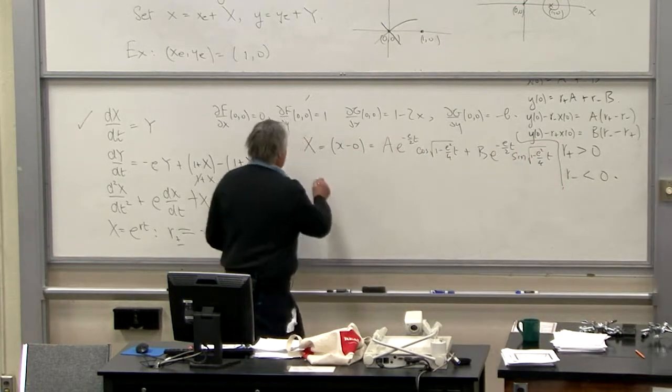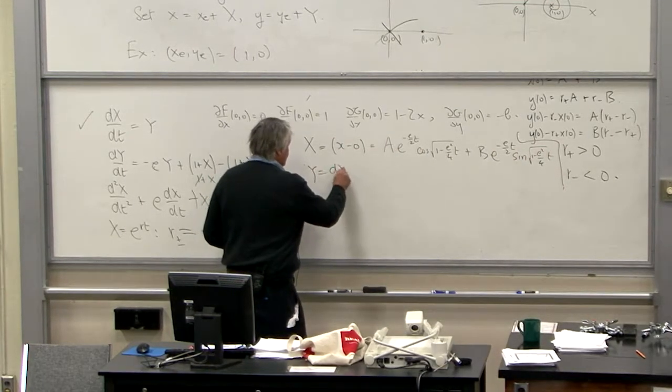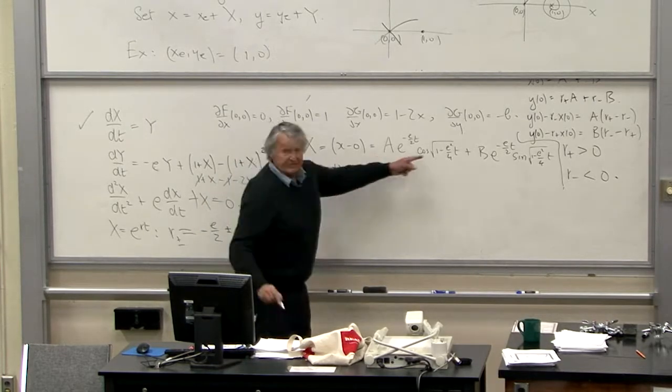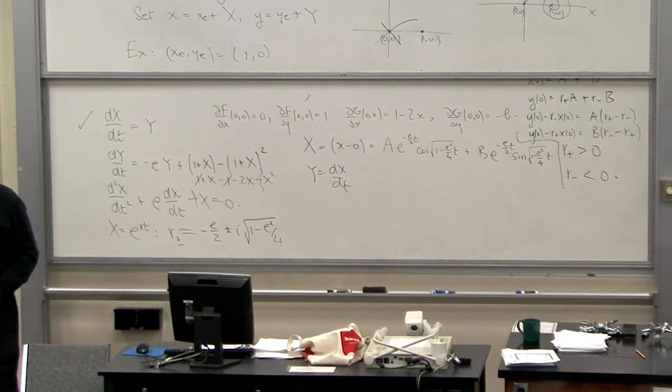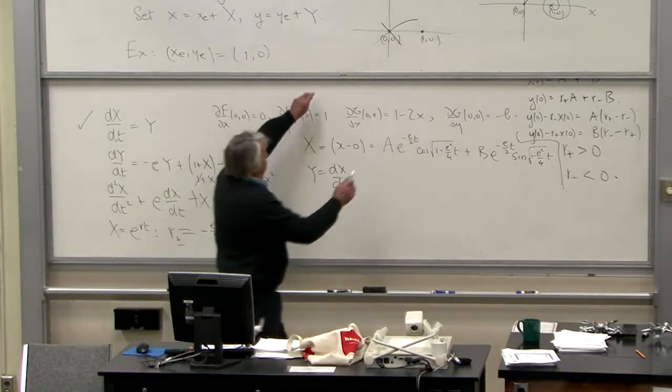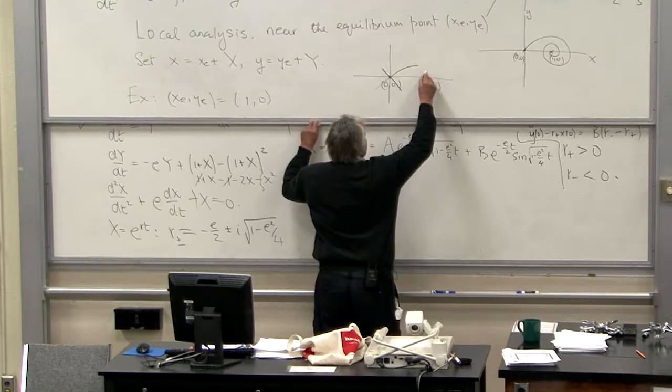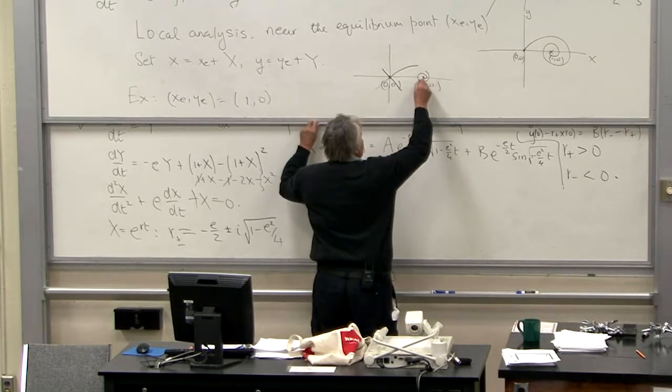And the y then is just the dx by dt, whatever you get. Now, what's that trajectory? That trajectory just spirals in. So if you start near here, you spiral into this point.